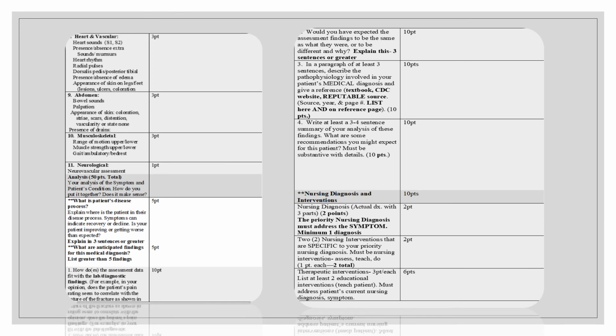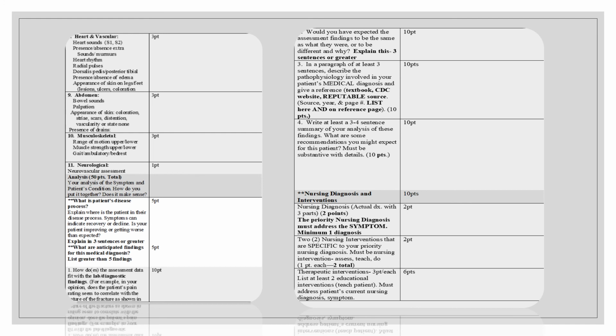And hopefully you're noticing in this template that there are points allotted for each section. Now when we get down to the actual analysis, which is mid-page on that left slide, where it says analysis, 50 points total: what is the patient's disease process?